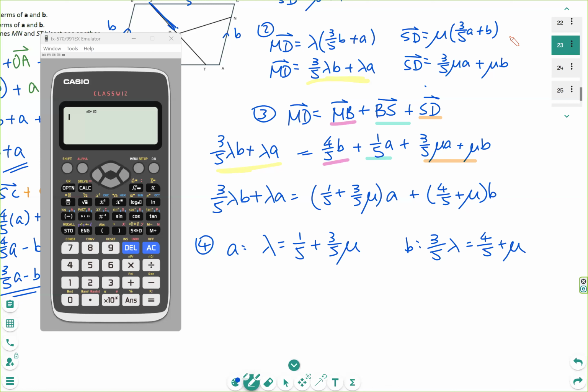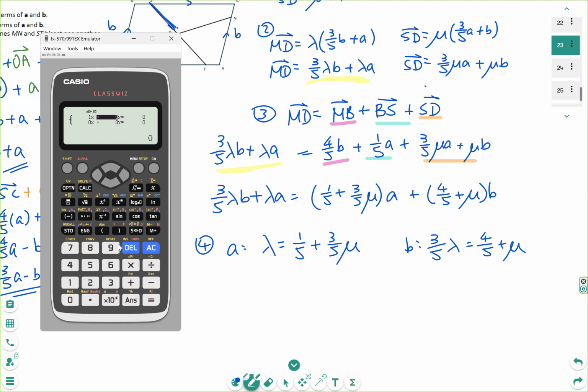If you have a similar calculator, go on menu. You should go to equation, function, and then simultaneous equation. Unknowns two. What you need to do is bring the lambda and mu on the left side and the constant term on the right side. So lambda, if lambda is our x, it'll be 1. If you bring the 3/5 over to the left, it'll be negative 3/5.